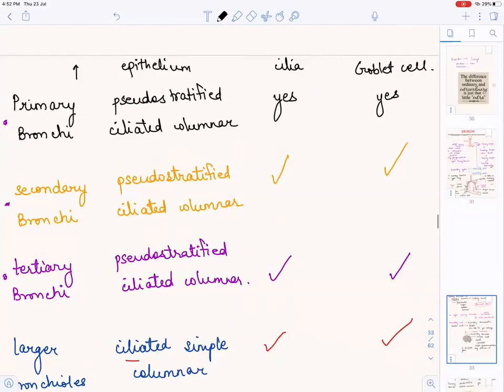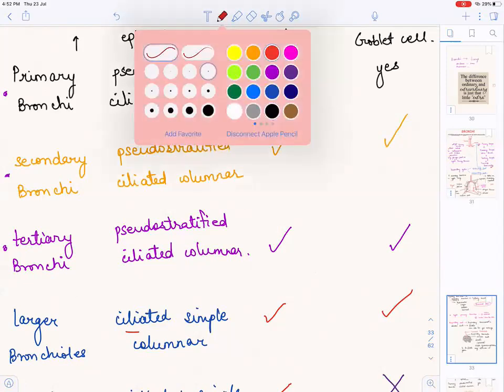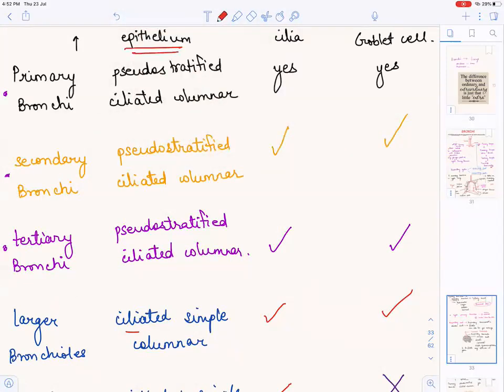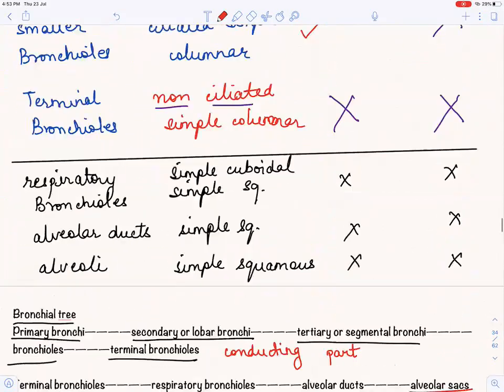Then we did a comparative study of the conducting and the respiratory part on the basis of epithelium, cilia and goblet cells. There can be one more point, that as we go down, the cartilage rings decrease and the smooth muscles increase.